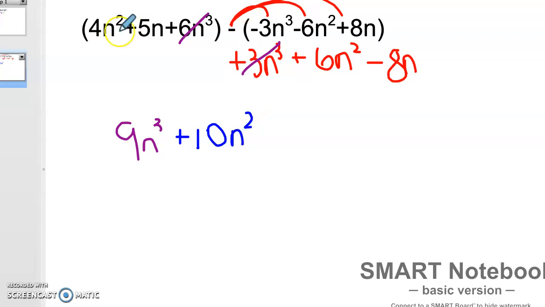And then the last terms that we are left with is just n, and that is positive 5n minus 8n, or -3n. We've combined all of the like terms. We have it in standard form, so that means we are done simplifying.